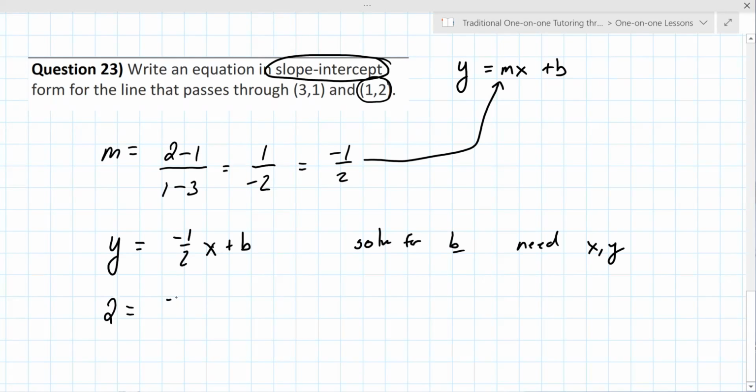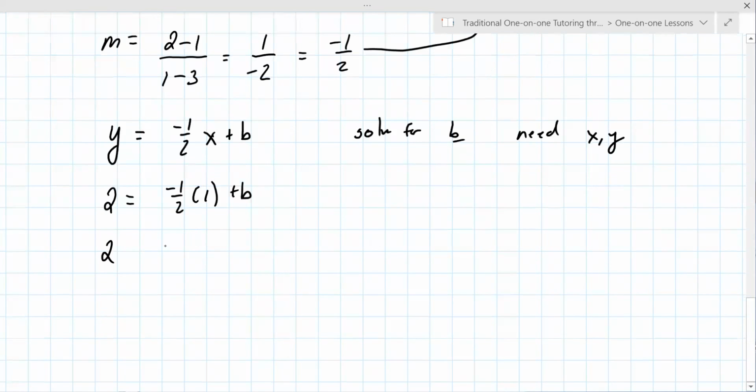So 2 equals -1/2 times 1 plus b. 2 equals -1/2 plus b. When you add 1/2 to both sides, this is key. You look at the 2 and say, well, 2 is really 2 over 1. To make it a 2 on the bottom, it's really 4 over 2.